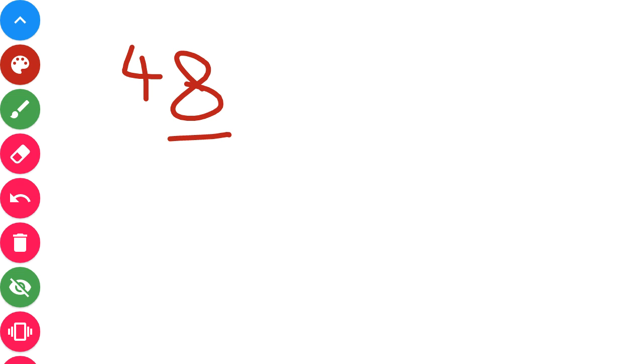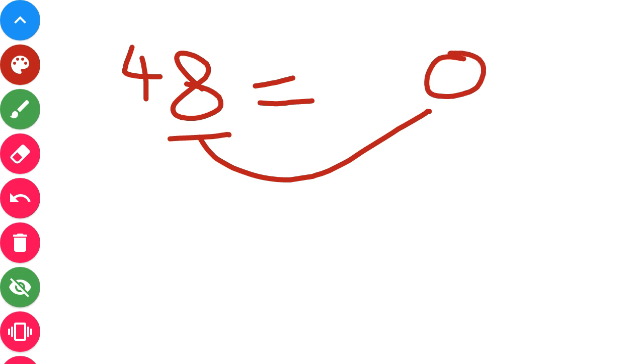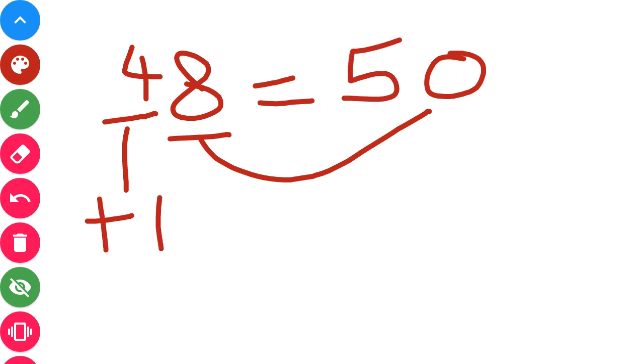Is 8 greater than 5 or smaller than 5? 8 is greater than 5. So the number at the ones place will become 0, and as it is greater than 5, the number at the tens place gets increased by 1. So this 4 will become 5, and we get 50.